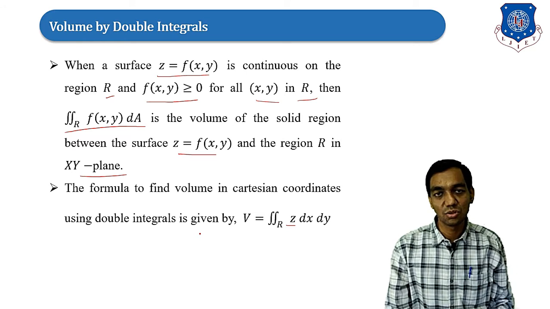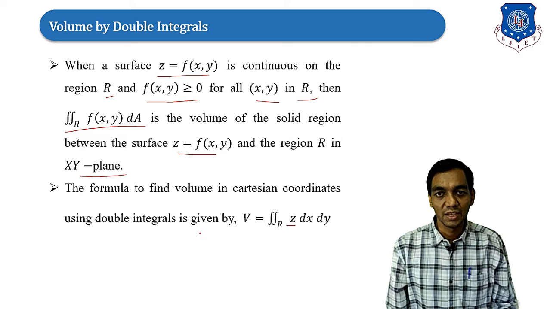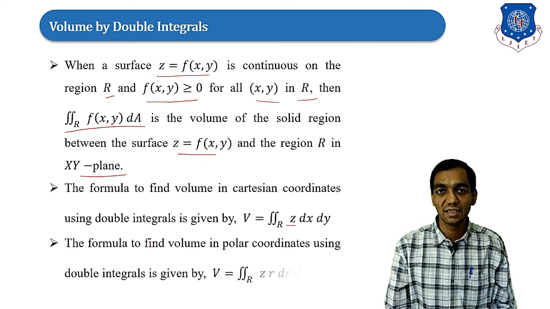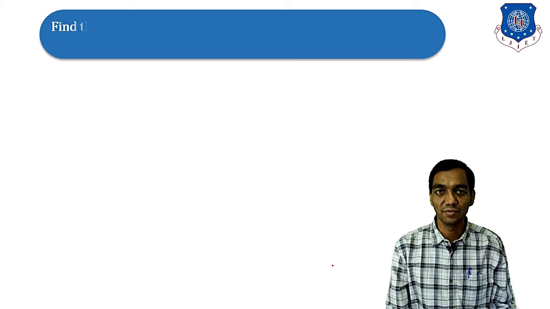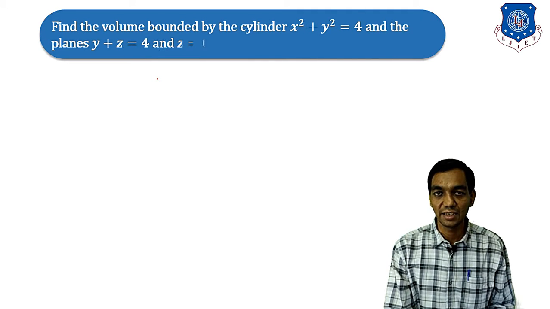That means in that case you have to find the value of z from the given surface. Suppose you are writing this in a polar coordinate system, then the volume is given by V equal to double integration z into r dr d theta, because dx dy is going to be r dr d theta.